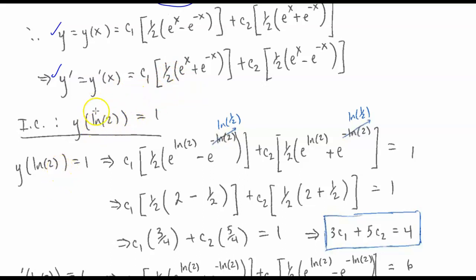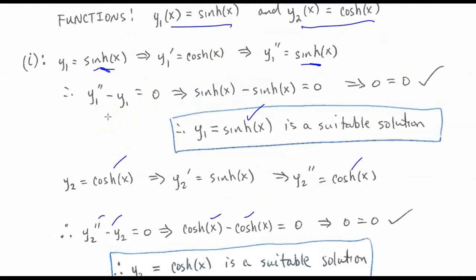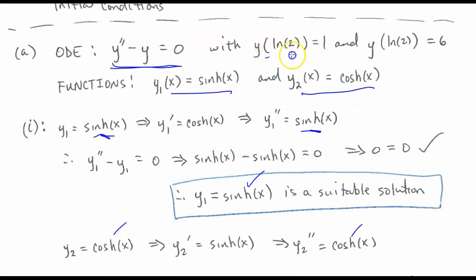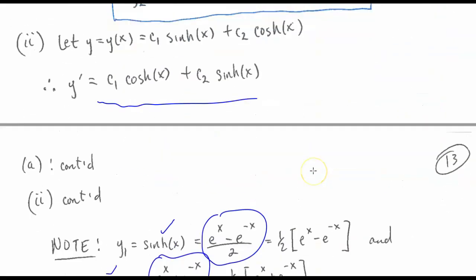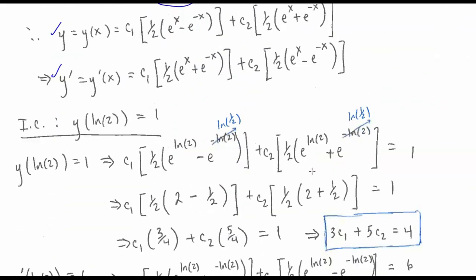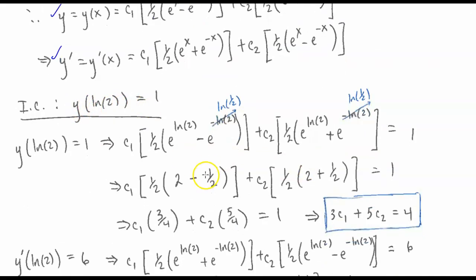So our first initial condition, I'll go back up here just so that you can see that it was stated there. This was our first initial condition. This is our second. And for this one, this should be y prime of natural log of 2, not just y. So coming back here, we see that y of natural log of 2 is equal to 1.